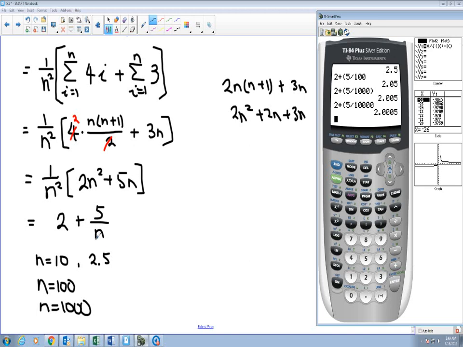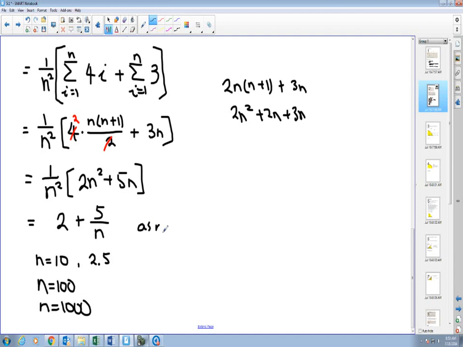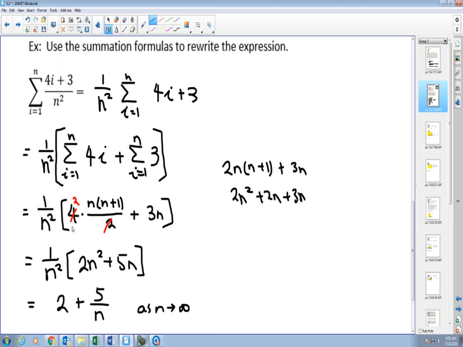As this n increases going to infinity, what that tells me is my final sum will become 2 for this expression. So if I add up from 1 through a million or a trillion, my sum will actually converge to 2.